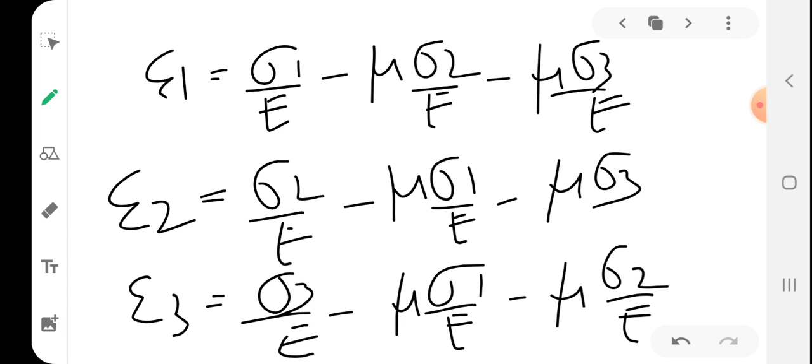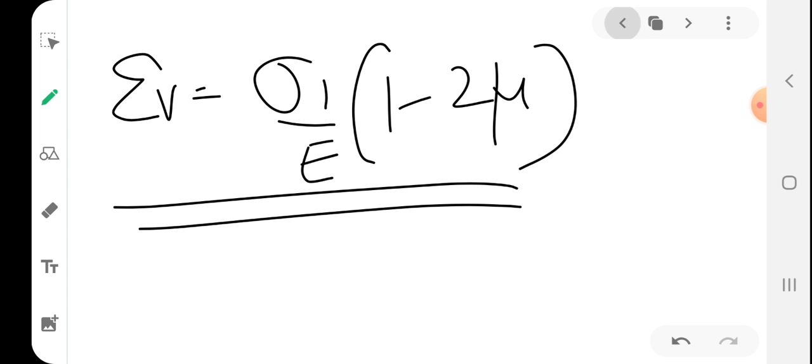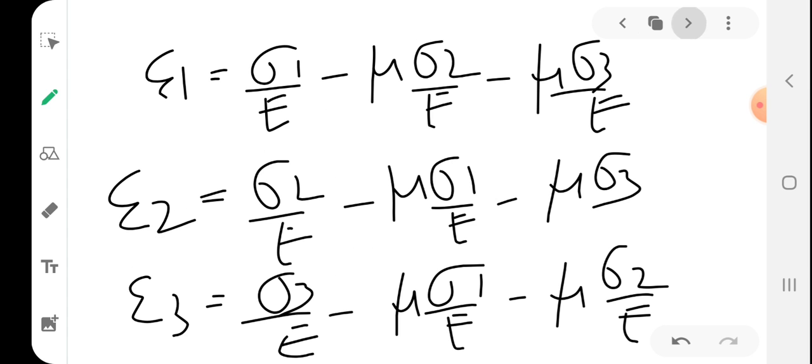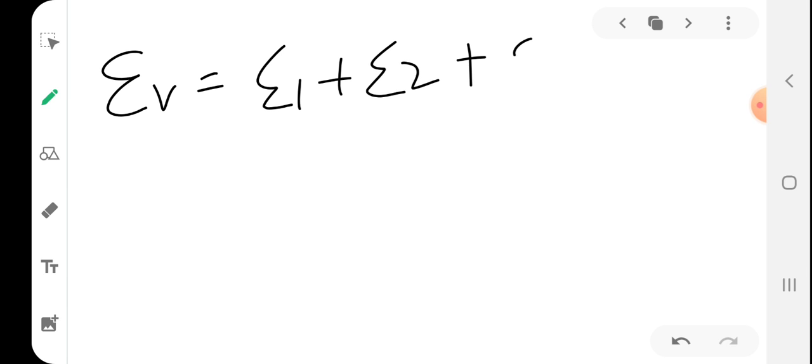So students, in this case where we are having three mutually perpendicular stresses, epsilon V is always epsilon 1 plus epsilon 2 plus epsilon 3, right?